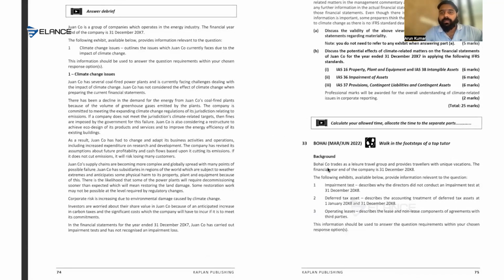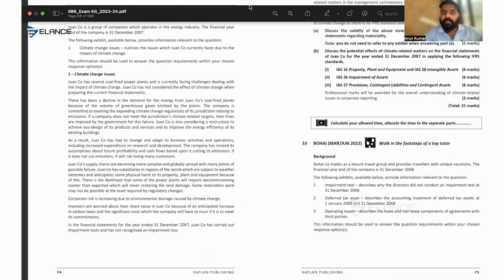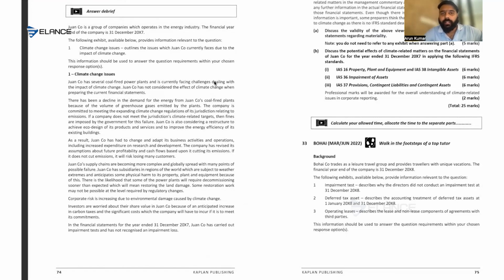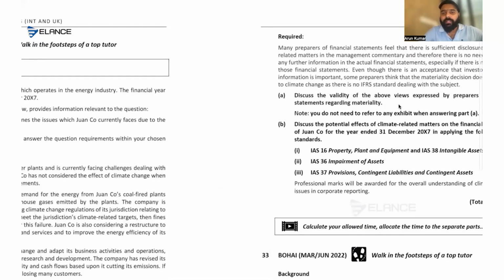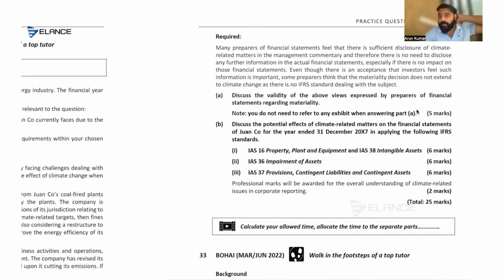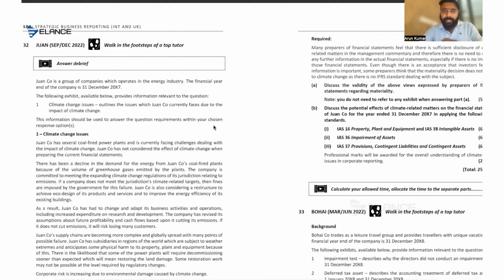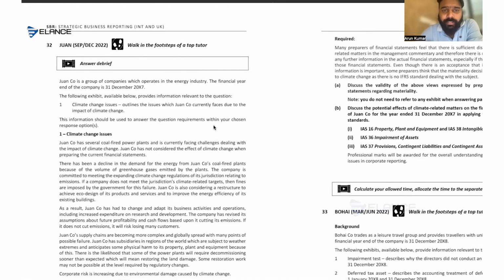Is that clear, everyone? So this is a very generic question, but very relevant according to our current scenario. Fine. And we have to discuss the validity of the above views expressed by the preparers of financial statements regarding materiality. As of now, we cannot see any impact of climate change in our FS, even for Juvan company, right?